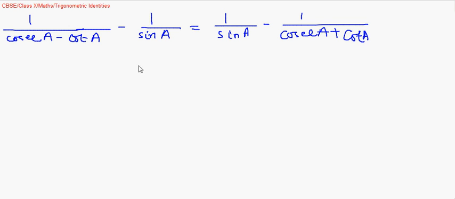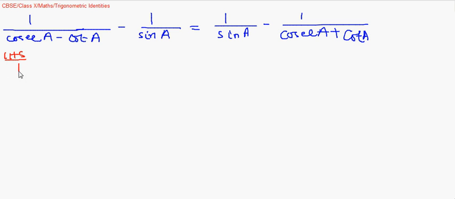Let me start with LHS. Now I'm not writing it again, I'll just start solving it from here only. I will be multiplying cosec A plus cot A in the numerator and denominator in this first term.